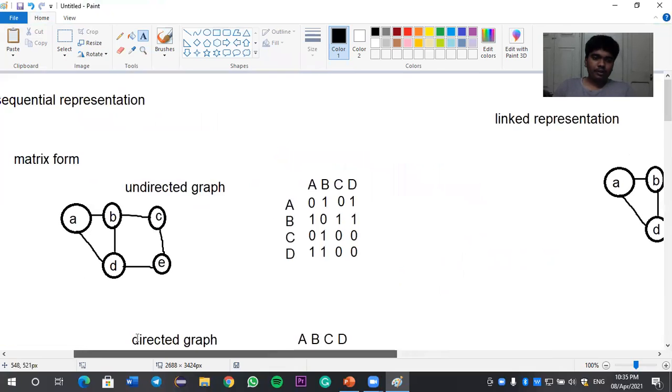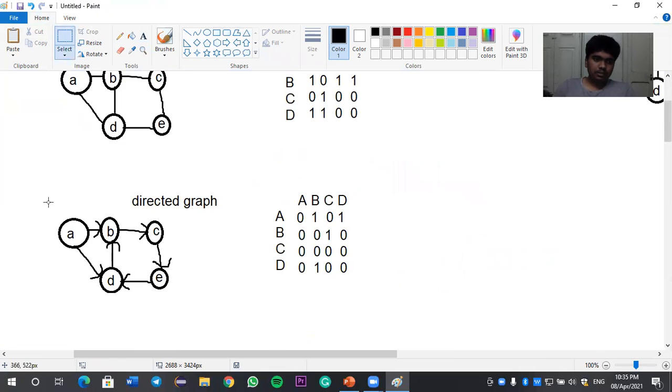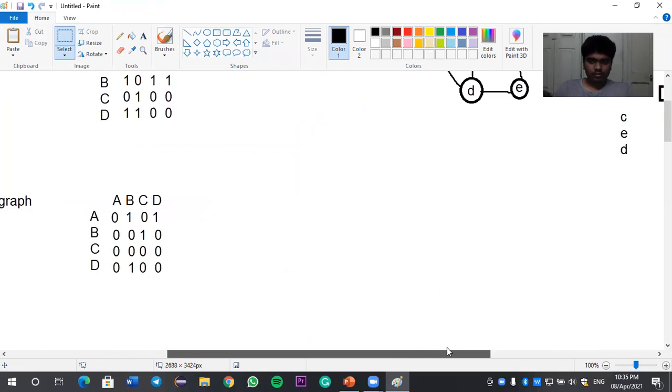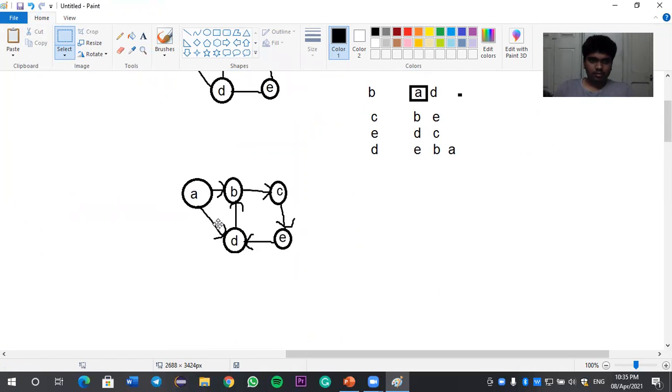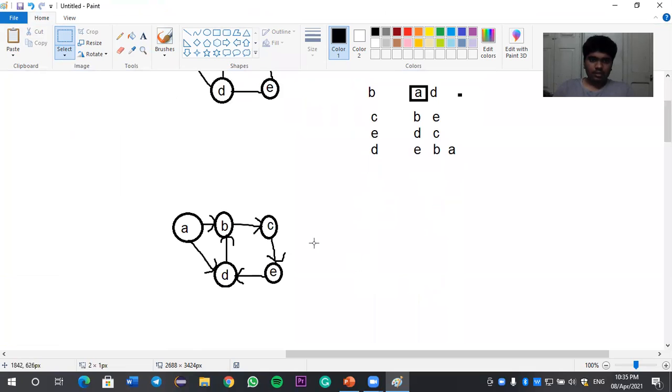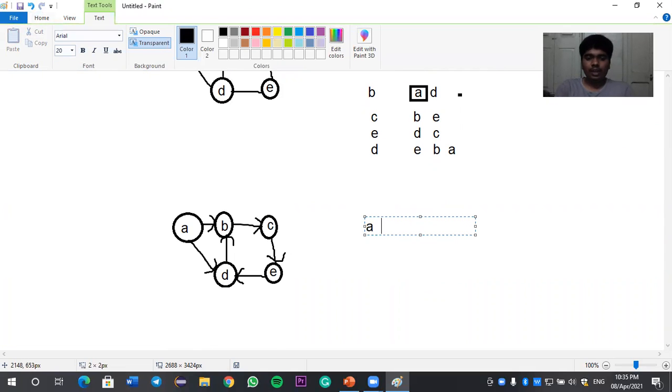Now we are going to do it for a directed graph. So let me copy it from here. So for the directed graph, as we can see, for A, we can draw only for B and also for D. For B, we can draw for C only.